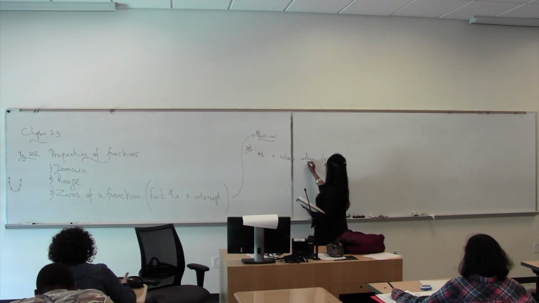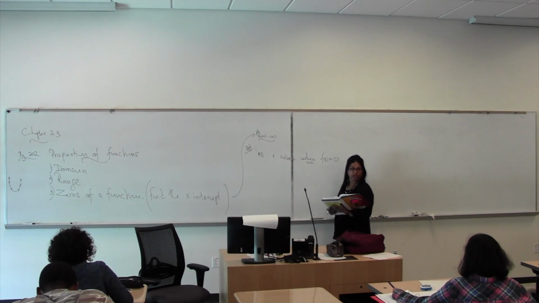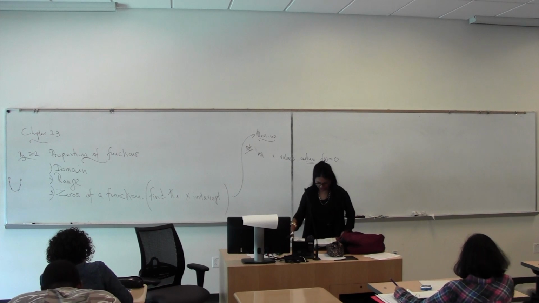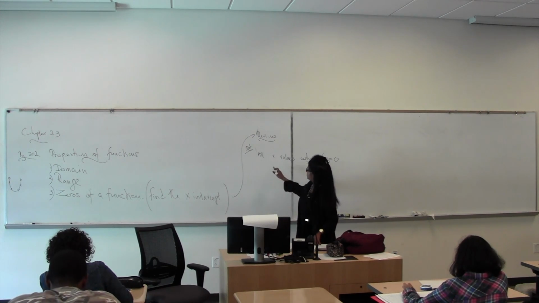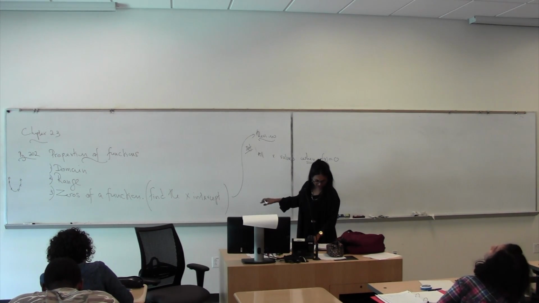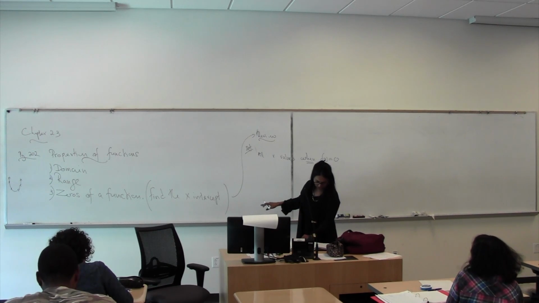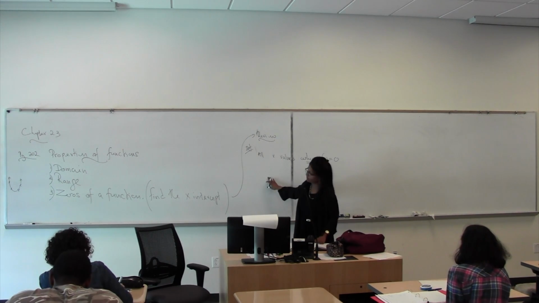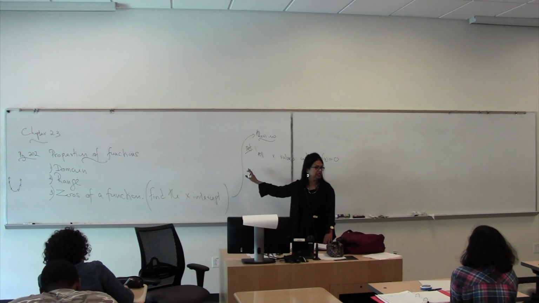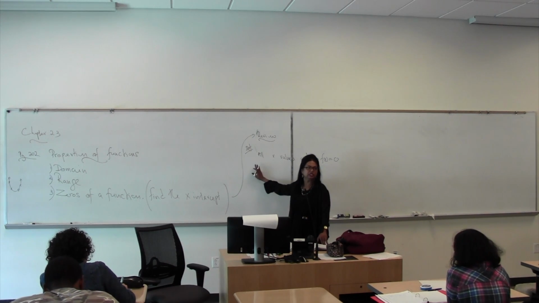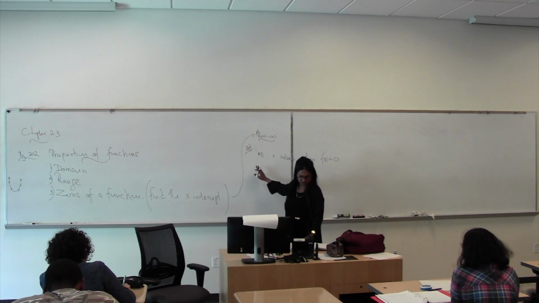Only all x values when f(x) equals 0. So the x-intercept, in other words. We know how to find that, and we did some examples for this last class meeting, right? So I'm not going to cover this. This is also review. We have discussed that before.